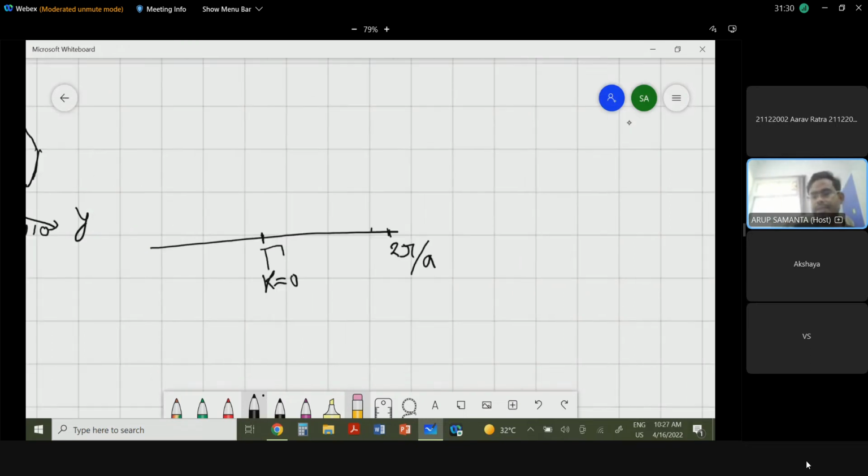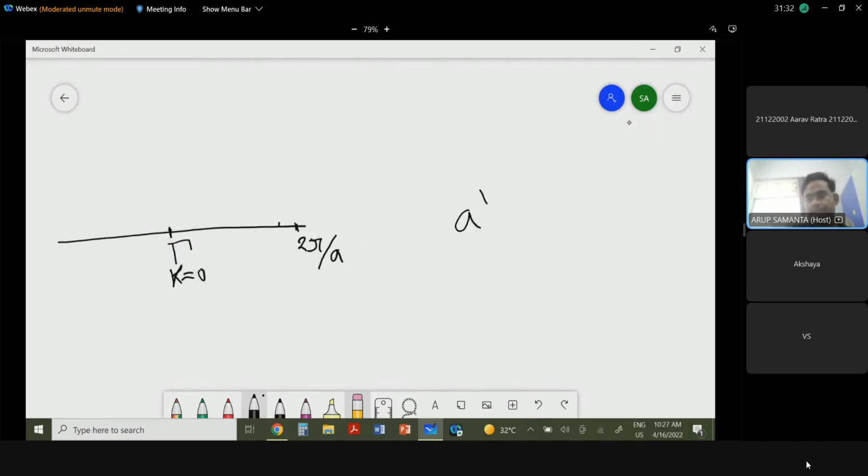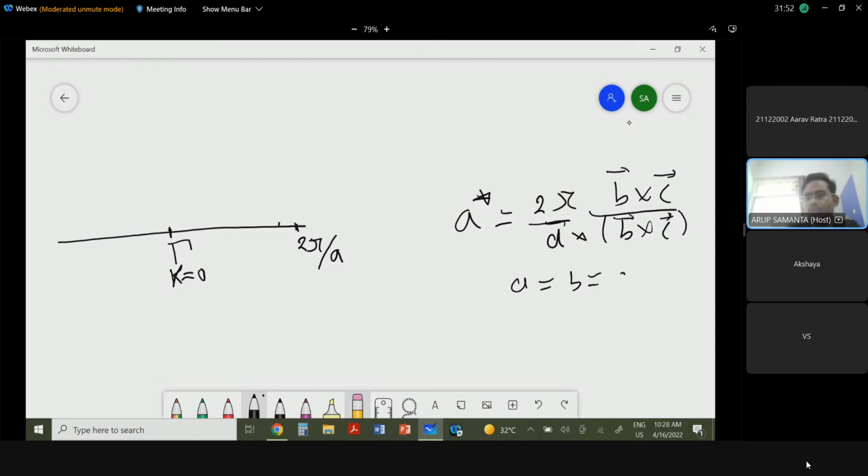For FCC lattice, you know that the reciprocal lattice structure a star we can define as 2 pi, b cross c divided by a cross b cross c. For FCC and diamond lattice, a, b, c are the same. a equal to b equal to c. You can find 2 pi by a.